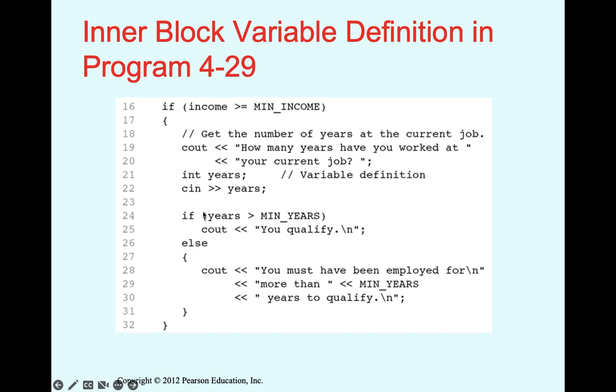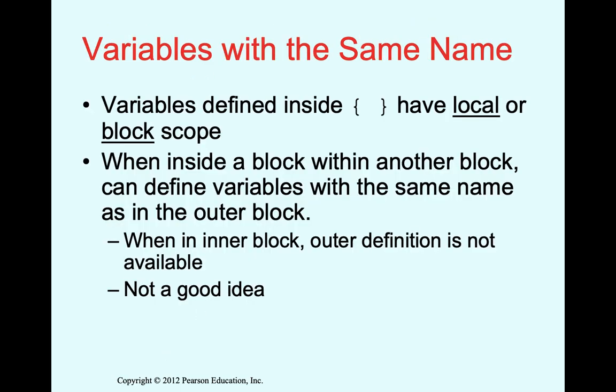So you can use it here, here and here, but you cannot use it outside the block, or in the block before you define it. So the scope will be from here to here. If you try to use it here after the if statement, it will not work. So we call this a definition that is local inside the block.